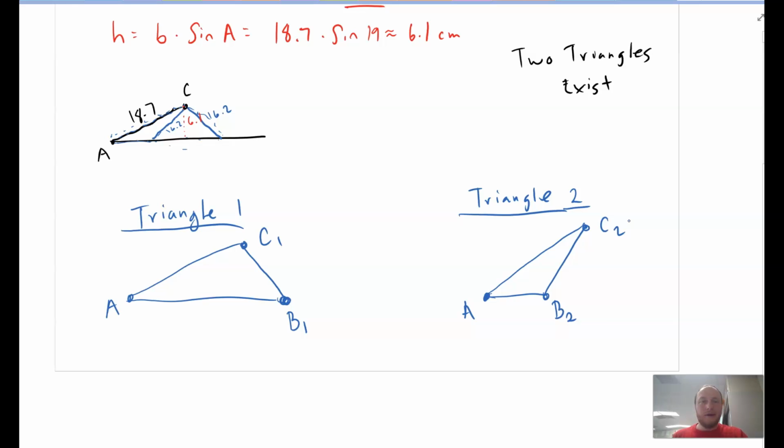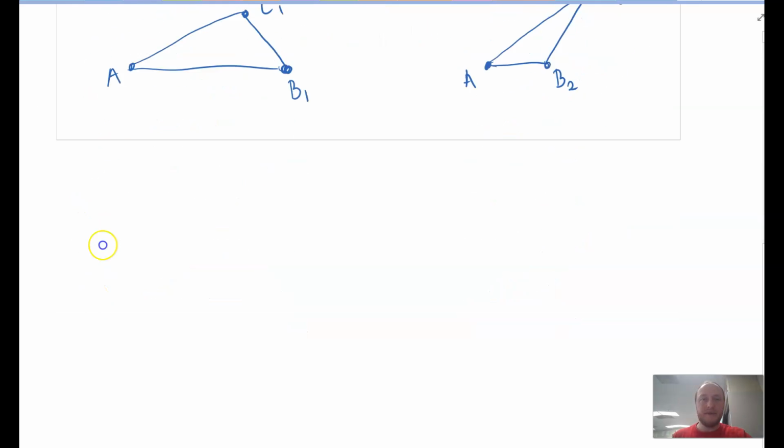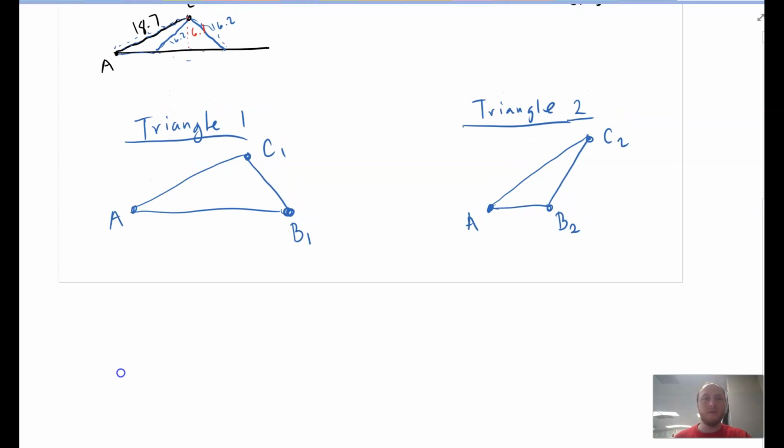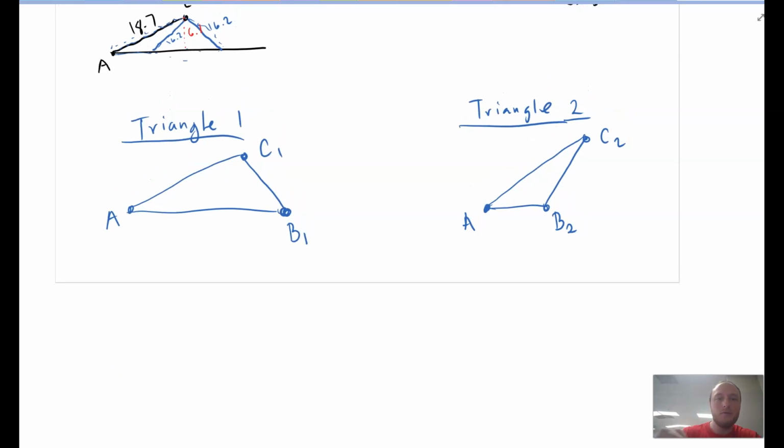Now we need to find all the missing angles. I do know that A is 19 degrees, this side is 18.7, and side A on both triangles is 16.2. We're going to start off with triangle 1. Why start with triangle 1?